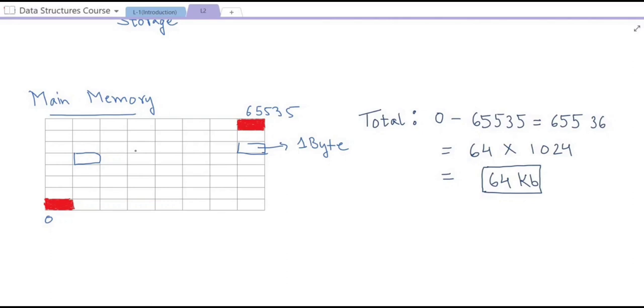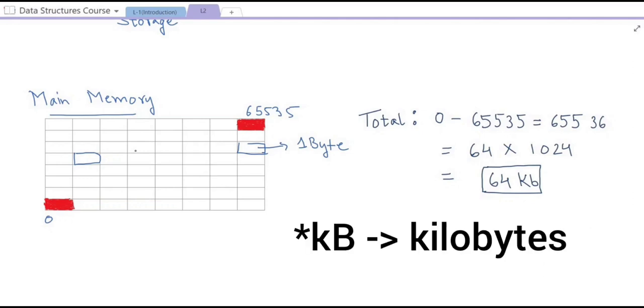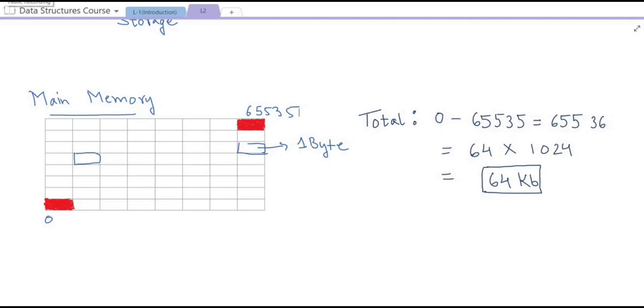So this is approximately equal to 64 into 1024, which is approximately 64 KB of storage. Now let us assume that this is the size of the main memory.